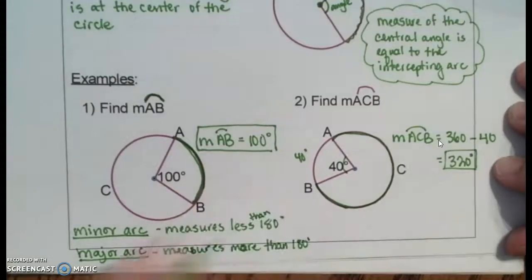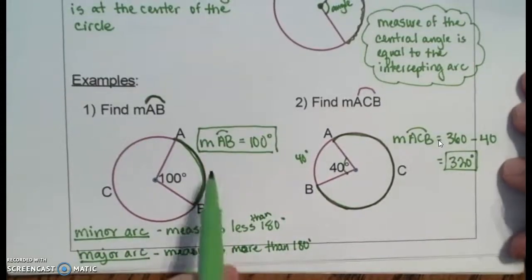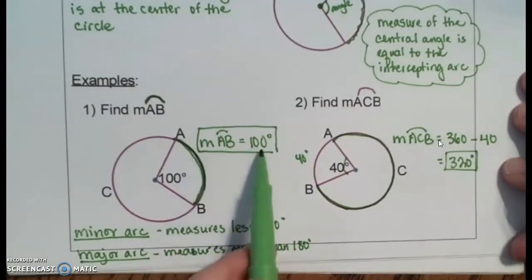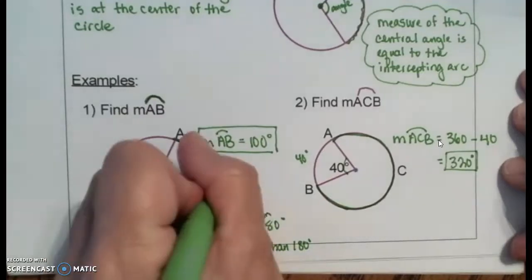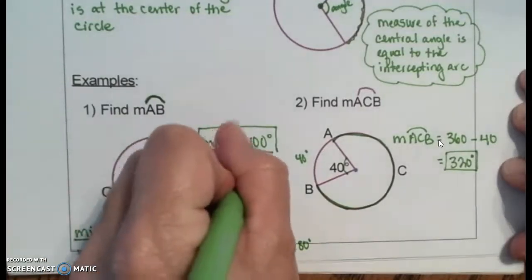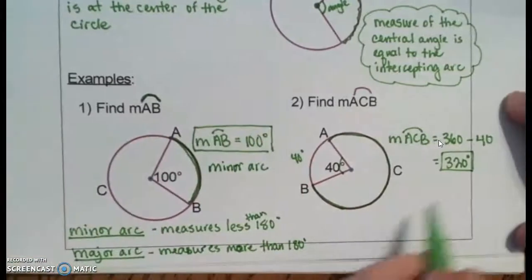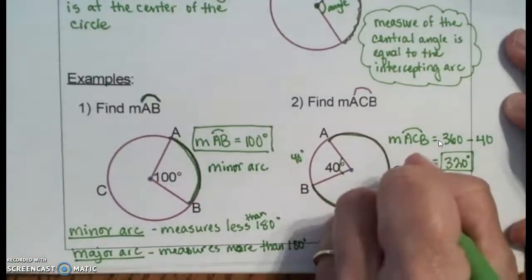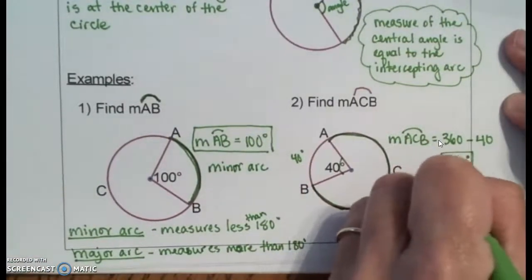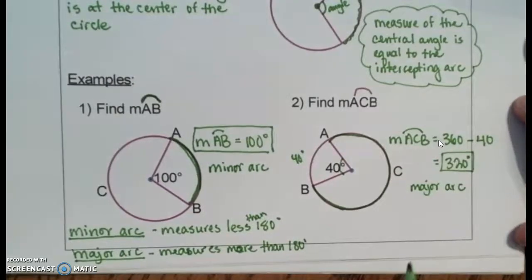Forgot my than there. Sorry. So if we go back to example 1, if this is 100 degrees, this is going to be a minor arc. And at 320 degrees, this would be a major arc. So just a little extra piece of information there for you.